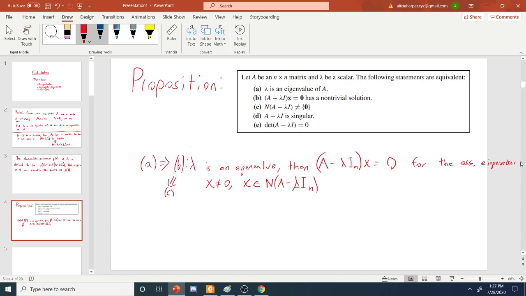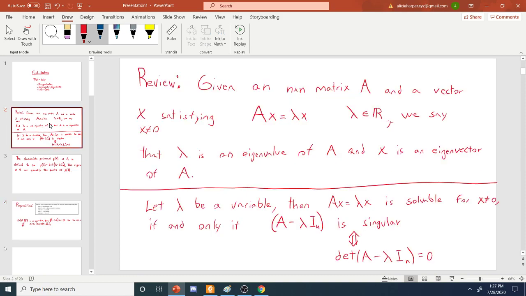And here, I'm just using the observation from before that this is equivalent to this.